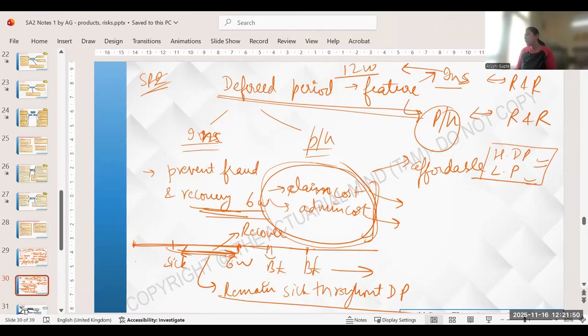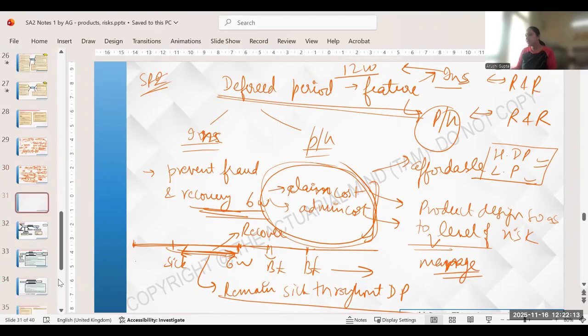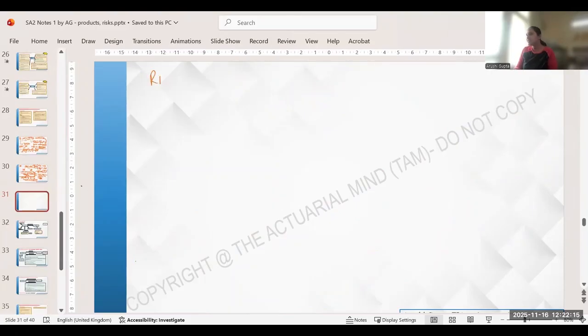Isn't this a way of adapting the product design so as to manage your level of risk in the product that you face? Yes or no? Yes. So often this is one of the risk mitigation techniques.